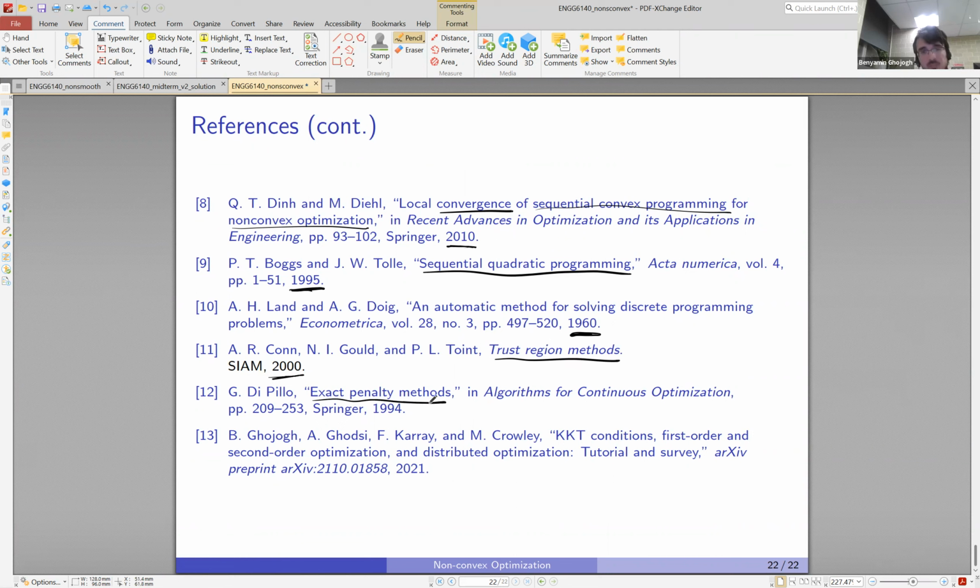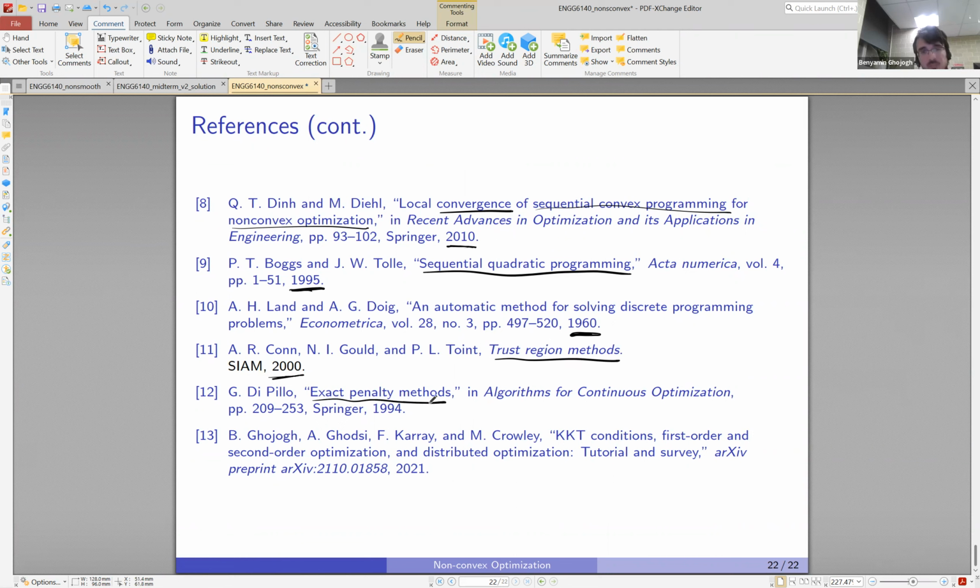Do you remember? Here we talked about the soft penalty method, where when we increase lambda, the solution of this will be exactly equivalent to this, and that's called the exact penalty method. And this is its paper, proposed in 1994. This is also our tutorial paper on optimization, which has some of the materials in this slide deck. You can take a look at that.